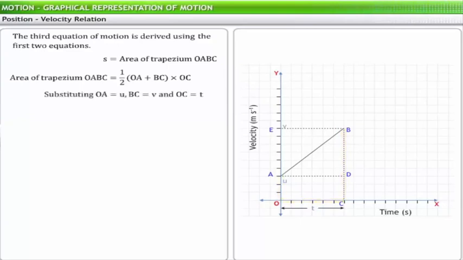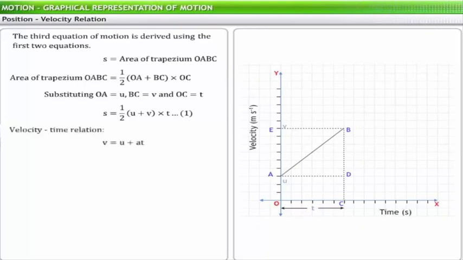Substituting OA is equal to U, BC is equal to V and OC is equal to T, we get S is equal to half of U plus V multiplied by T as equation 1.